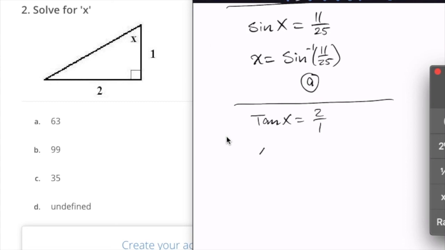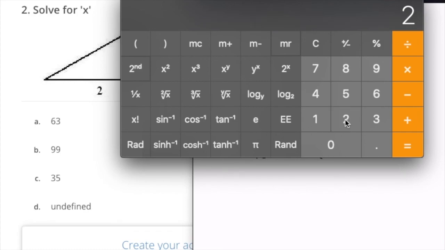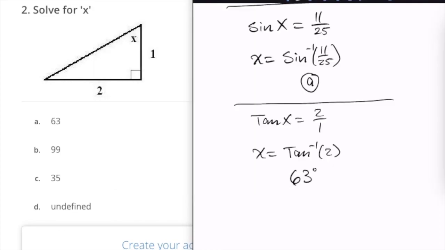So if I take the inverse tangent of 2, what do I get? We say 2 and take the inverse tangent, and I get 63.4. So 63 degrees. And sure enough, there it is at the top. 63 is A, so A is the choice again.